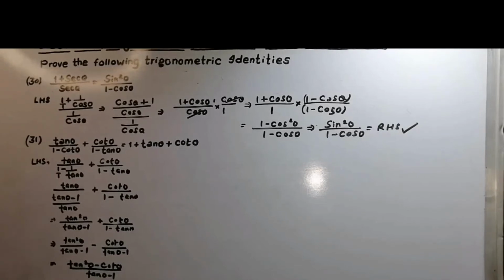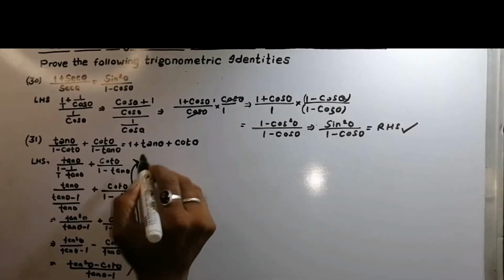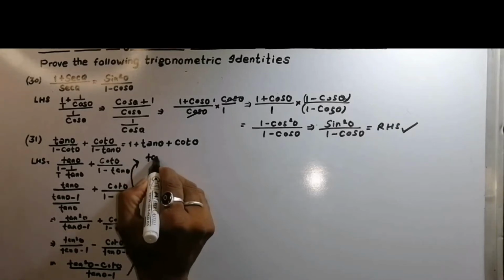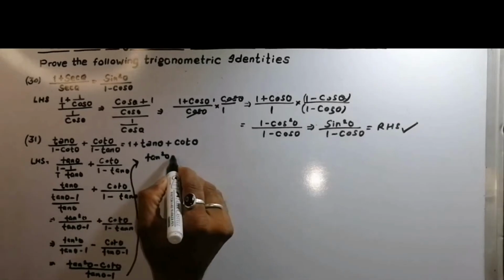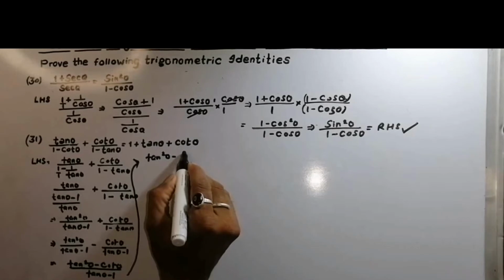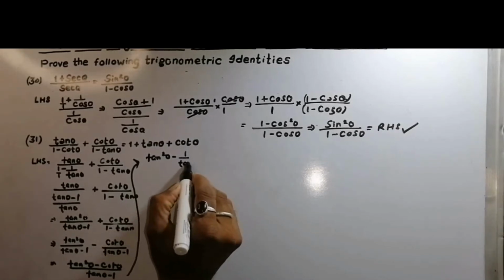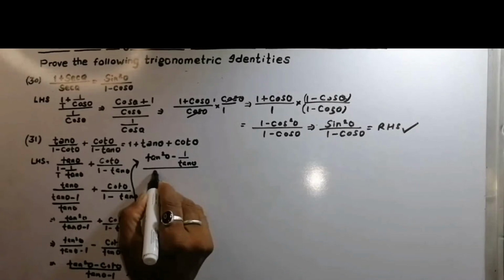So now we can interchange it again, like tan square theta minus 1 upon tan theta, upon tan theta minus 1.